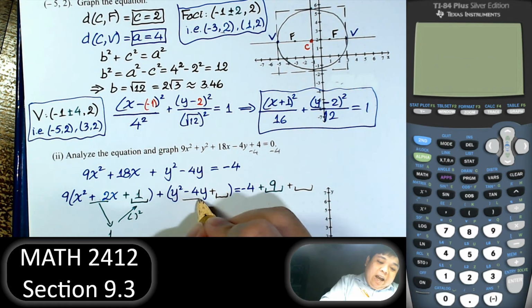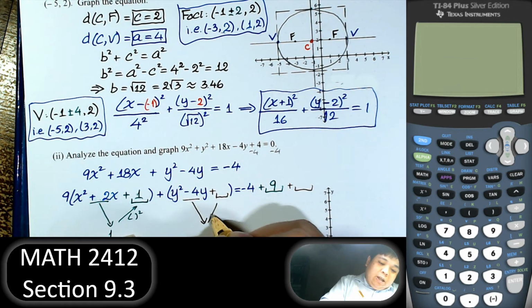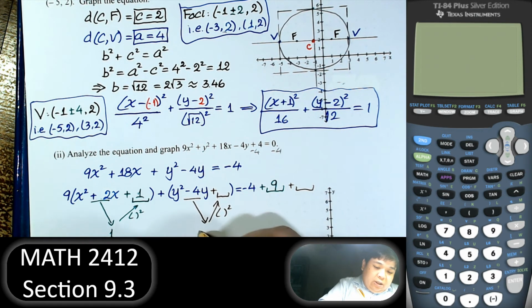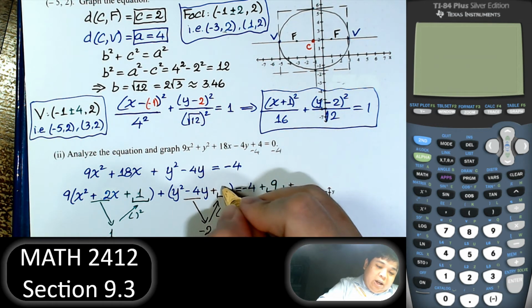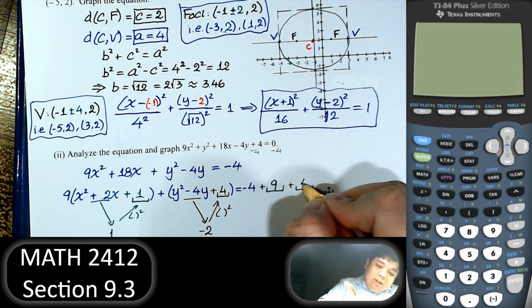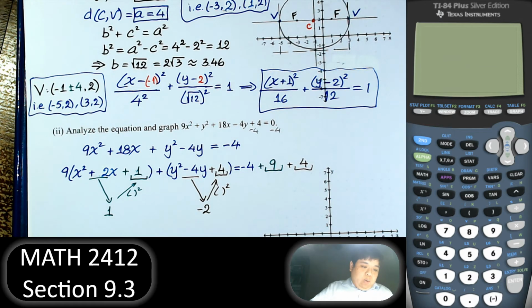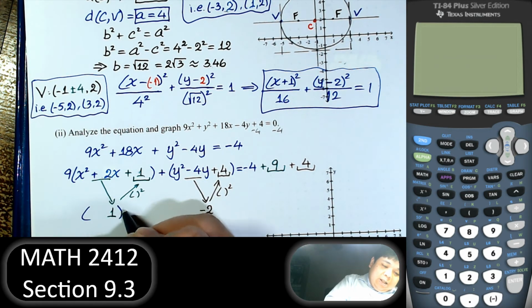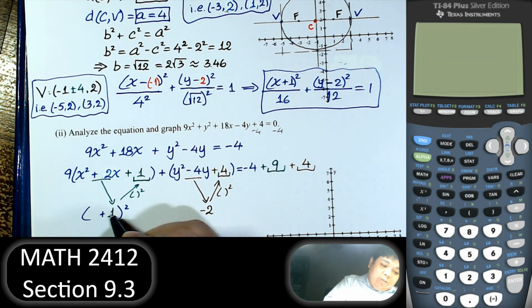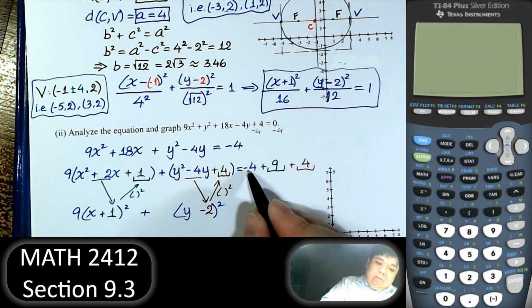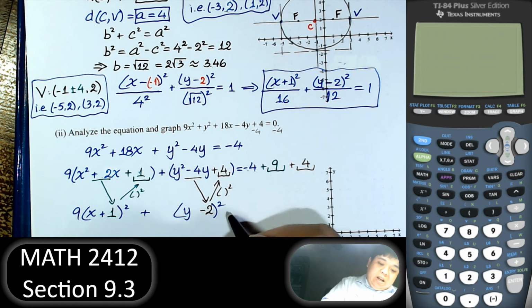Next, half of this number, and then square. Half of that number is -2. Square is going to be 4. Right, so that's what we have. When we make a perfect square, this is x plus 1 square, that's just y. -4 plus 4 is 0 plus 9, so it's 9.